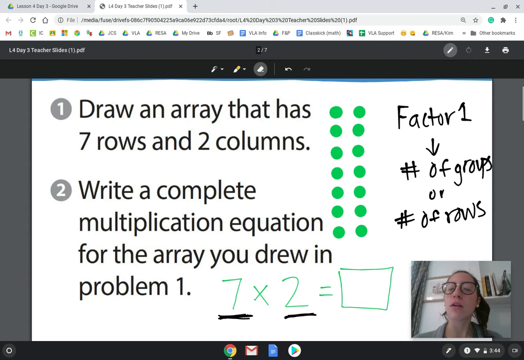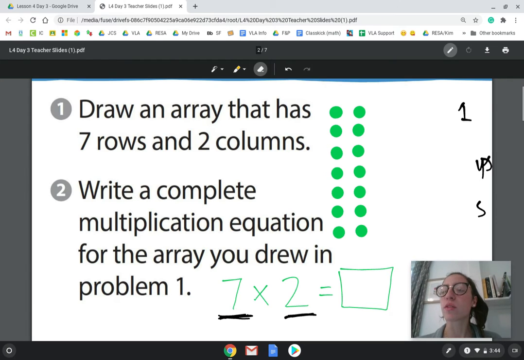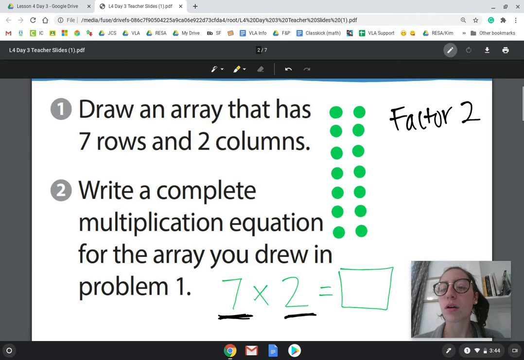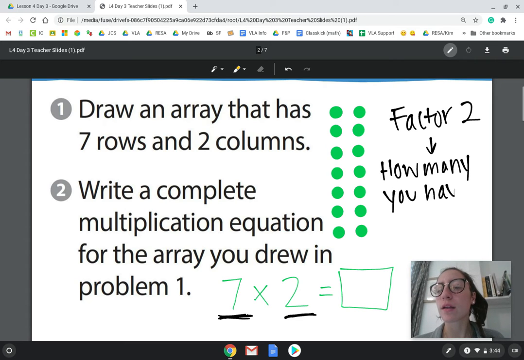Factor 2, friends, will always be the amount or the number you have in each group or row. So factor 2 is how many you have in each group or row.